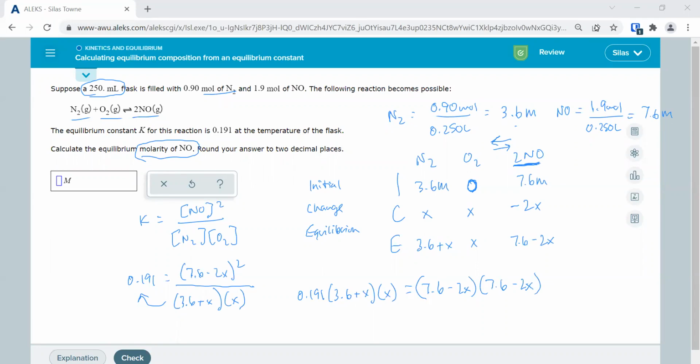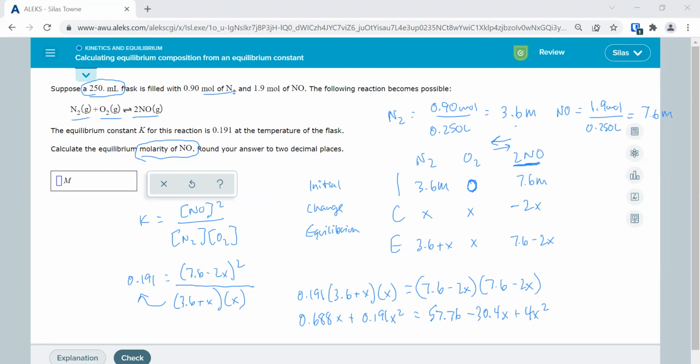I've got to calculate the left side out. I already did these steps, so I'm just going to write that I got 0.688x plus 0.191x squared, and that equals 57.76 minus 30.4x plus 4x squared.